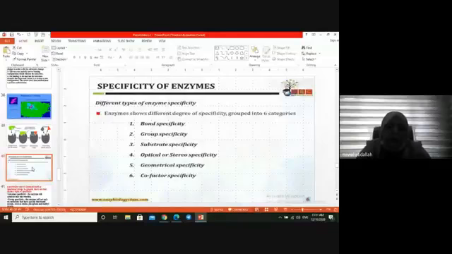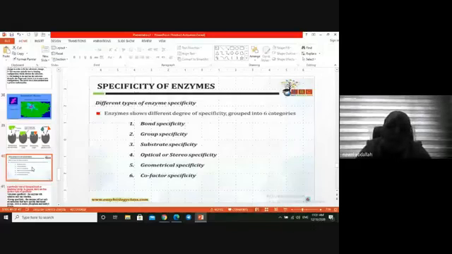Optical or stereospecificity: enzymes act on group alpha optically active, or beta, or levo, or others.